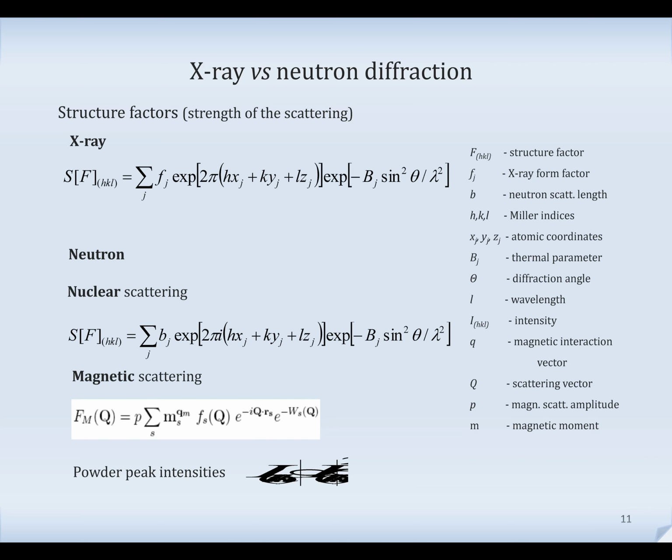But in the case of neutrons, we also have a component in scattering which is associated with magnetic scattering, because neutrons have a magnetic moment, and if we study a magnetically active material, we have interaction not only with the crystal structure, but also with the magnetic structure of the material. And in the diffraction pattern, we can distinguish the component from scattering on the magnetic structure and on the crystal structure.